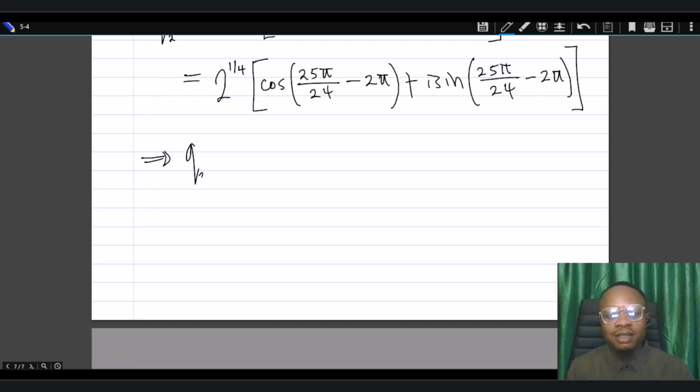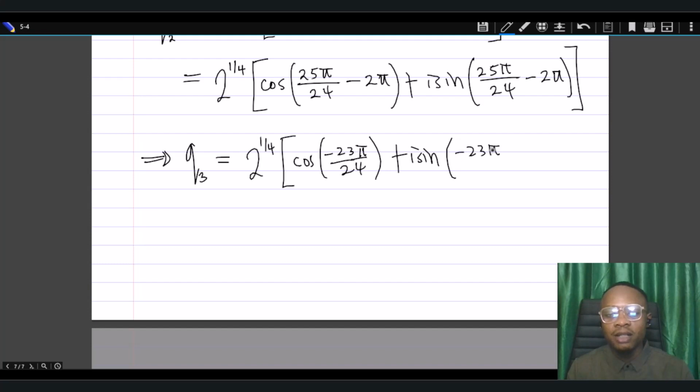So that is our Q2 equals 2 to the power of 1 over 4 into the cosine of minus 23 pi over 24, then plus i sine of minus 23 pi over 24. So we're good in modulus, in polar form.